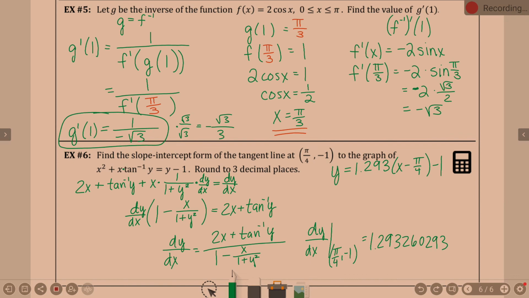If you clean that up, and I'm not saying you, I guess it did say slope-intercept form. It's 1.293 x minus 2.016. Okay, that would be some calculator work, right?